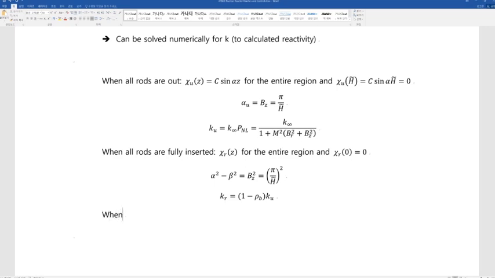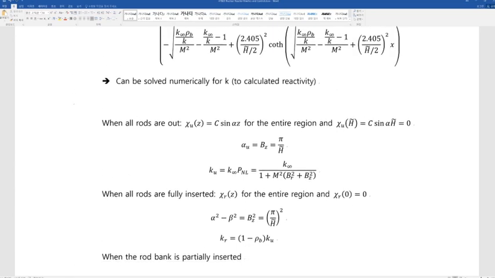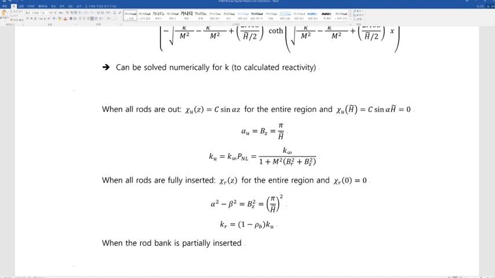So what about when the control bank is partially inserted? In that case, of course, the situation would be somewhat more complicated.